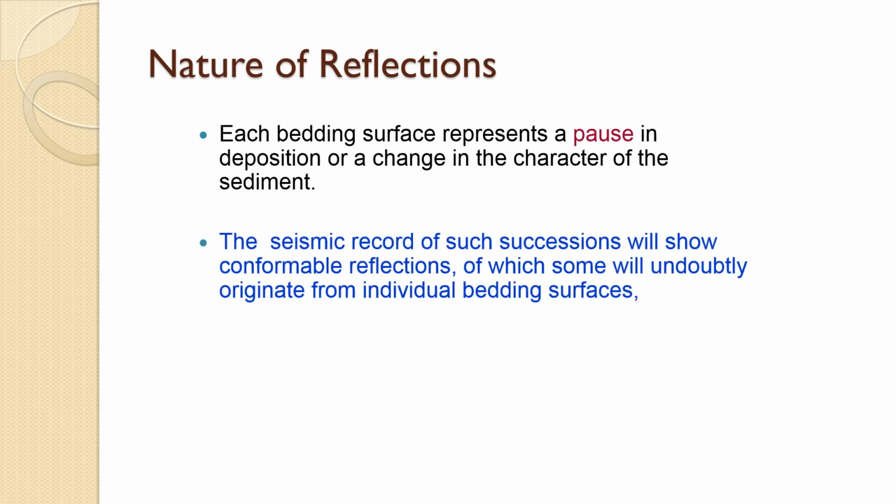The seismic record of those successions will show conformable reflections, exactly similar to the geologic section. When we see conformable beds, we will see conformable reflections. And this will give us an indication that these reflections express individual bedding surfaces.